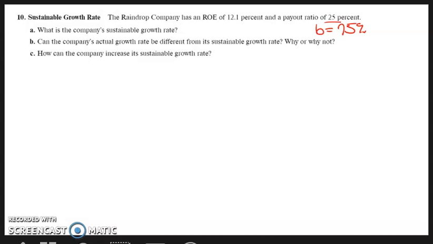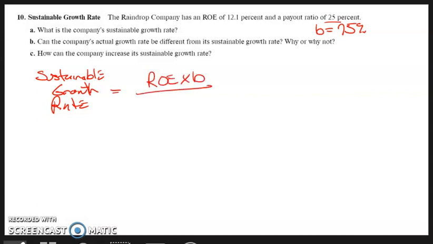The sustainable growth rate is ROE times the plowback ratio, divided by 1 minus ROE times the plowback ratio.